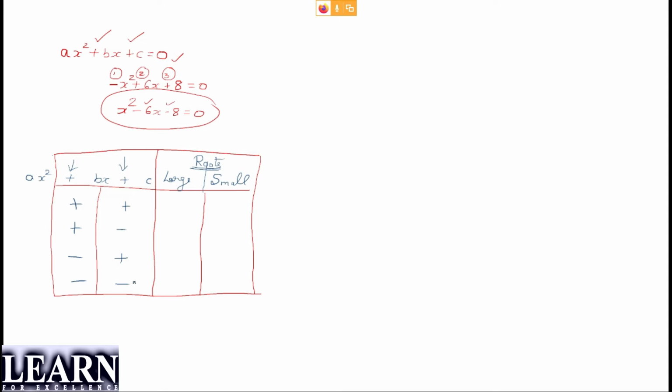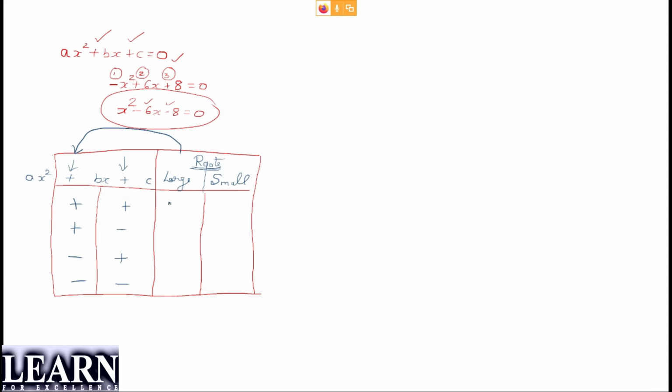If I'm talking about the larger root, this larger root sign will always be opposite. Guys, clearly understand, the larger root sign will always be opposite to the first sign. So this is always opposite to this sign.